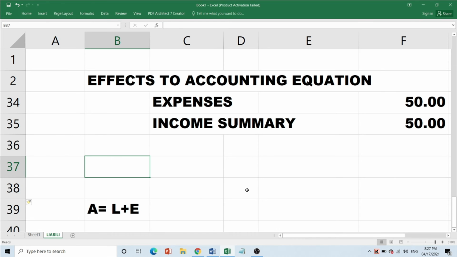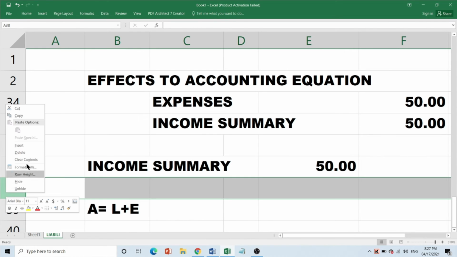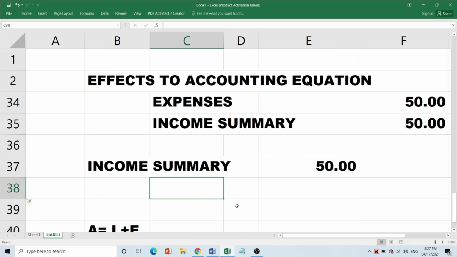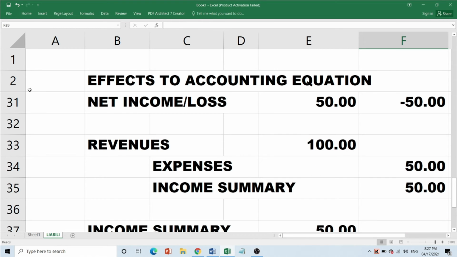Okay, income summary 50, then take capital 50. Tingnan po natin ang nangyari. Okay, net income.